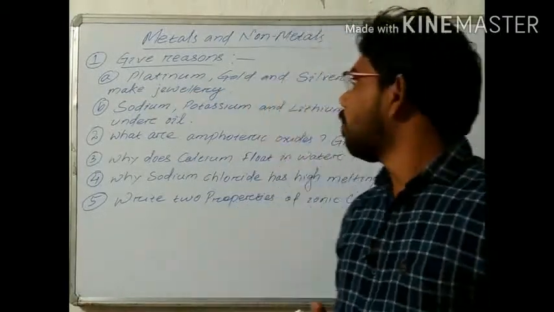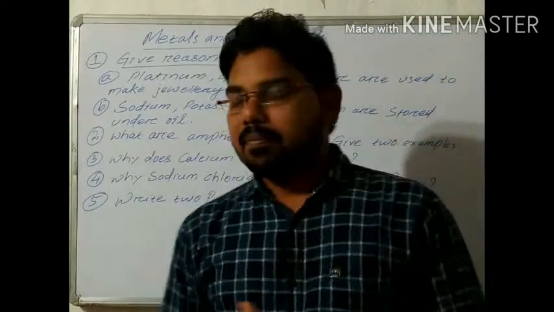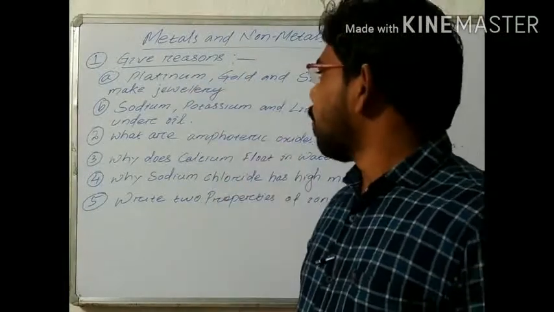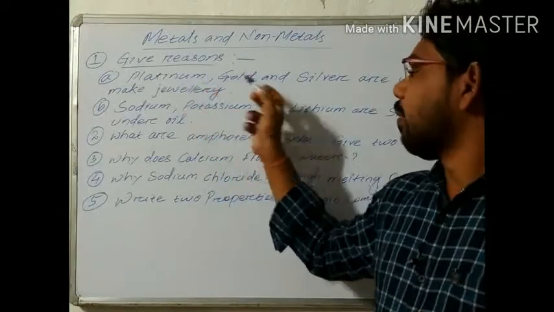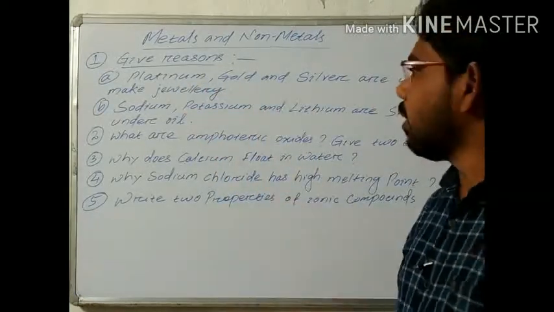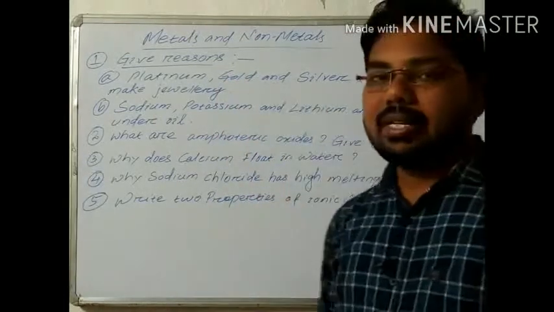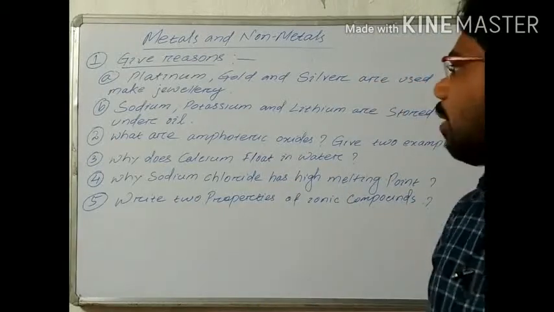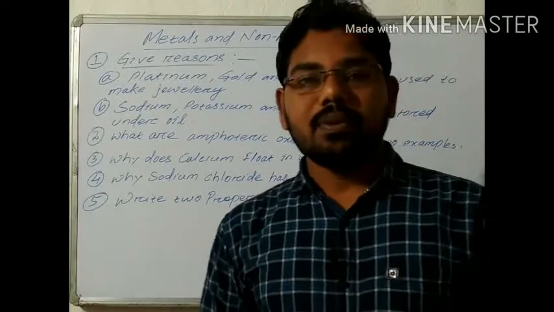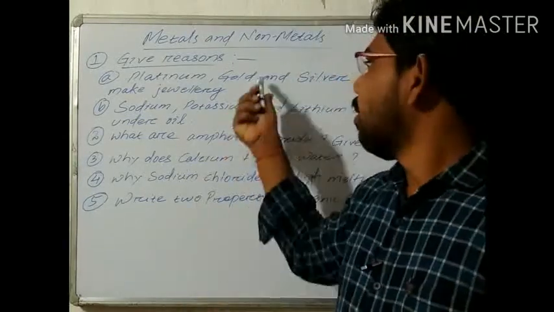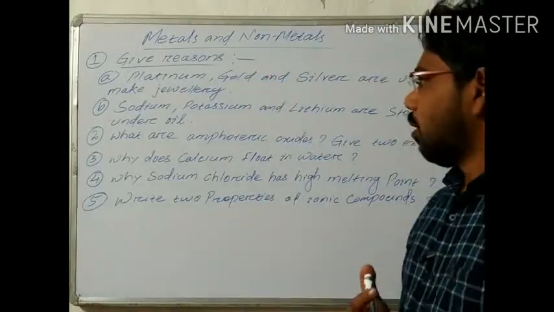Platinum, gold and silver are all metals. Metals have the property of shining and lustre, and gold, silver and platinum are less reactive metals, so they prevent corrosion. Due to these reasons they are used to make jewelry.